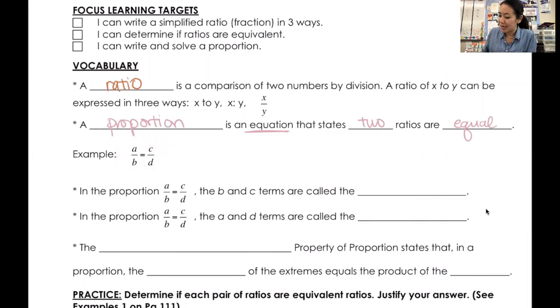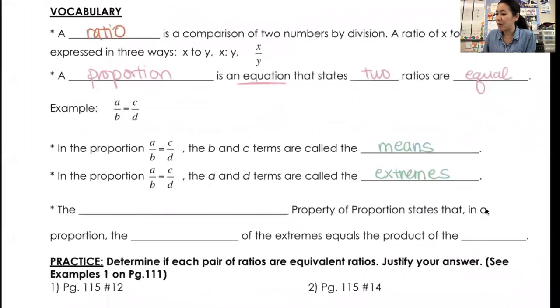All right, now B and C, specifically in this proportion, those are called the means. Whereas A and D, these are called the extremes of that proportion.